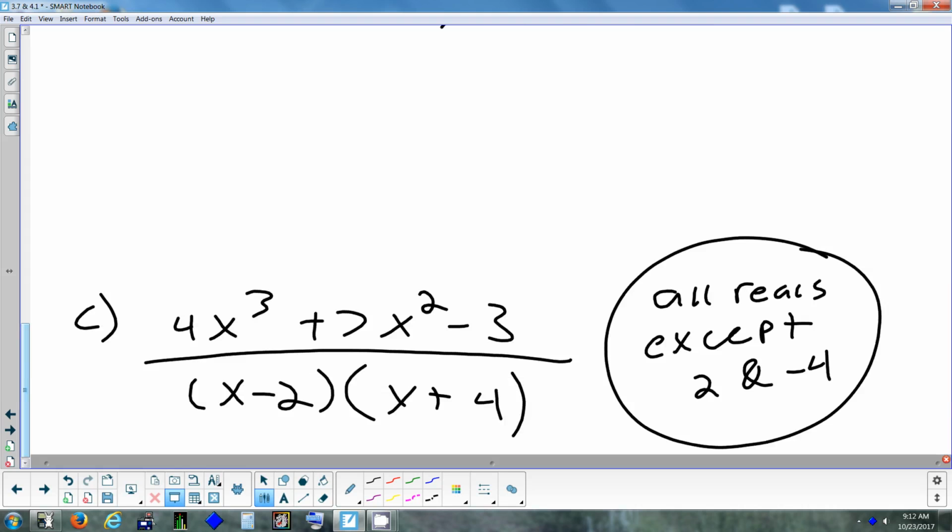So 2 and negative 4 on the graph are going to be things you want to investigate. What's happening near those numbers? Okay. What's happening at negative 4.001? Where's your y value? What's happening at negative 3.99? Okay, where's your y value there? Any questions on that?